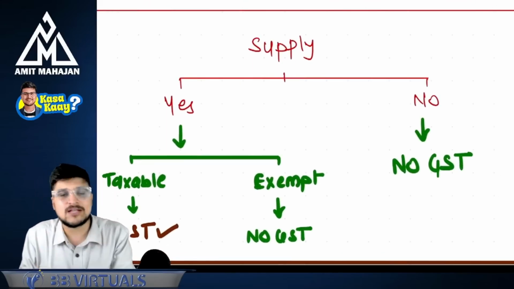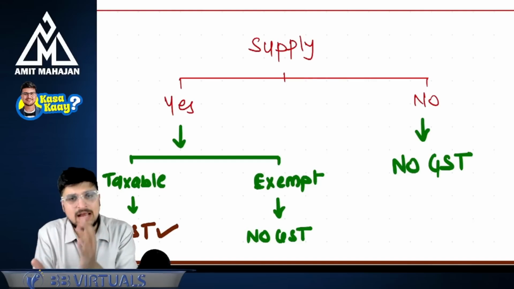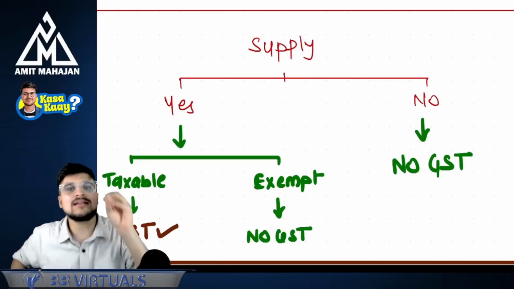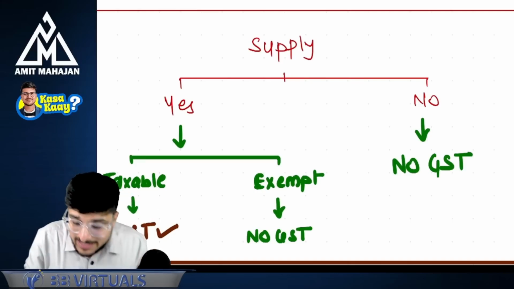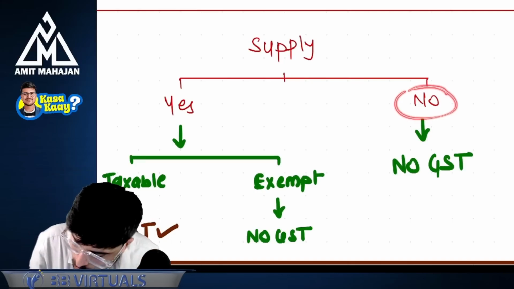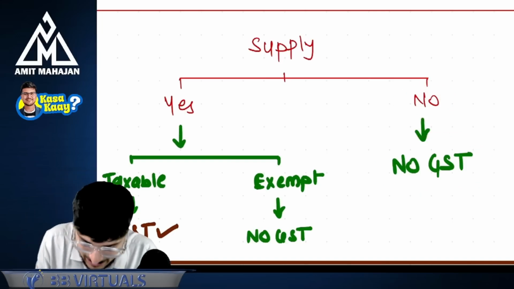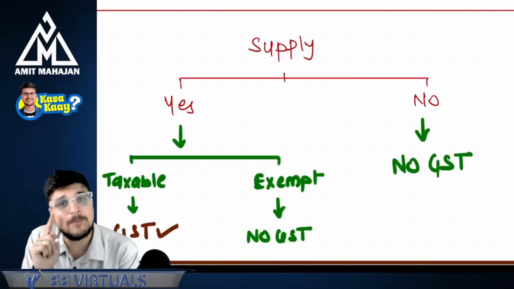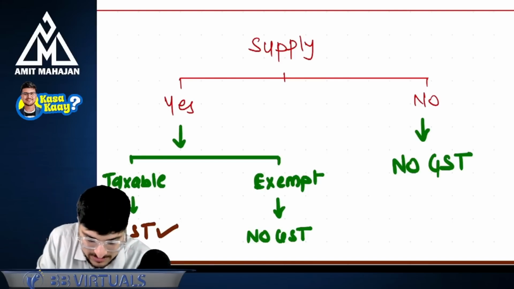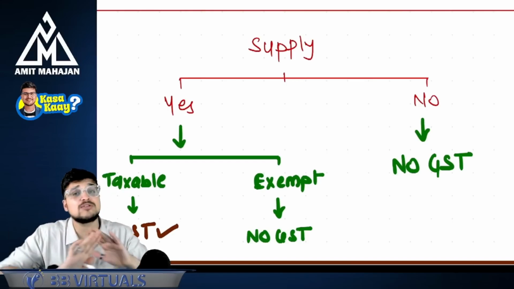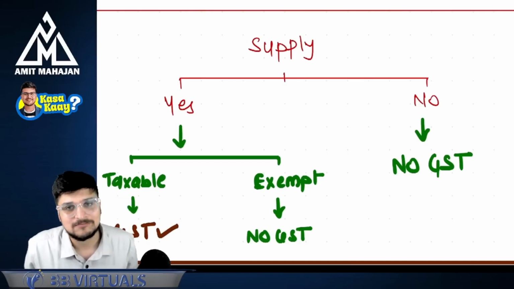First of all, before we discuss what is supply, we have to understand that in GST, the taxable event is supply. If there is no supply, then you can't have any GST liability. But if you have any kind of supply, that supply can either be a taxable supply or an exempt supply. I'm repeating this once again. If there is no supply, there is no GST.